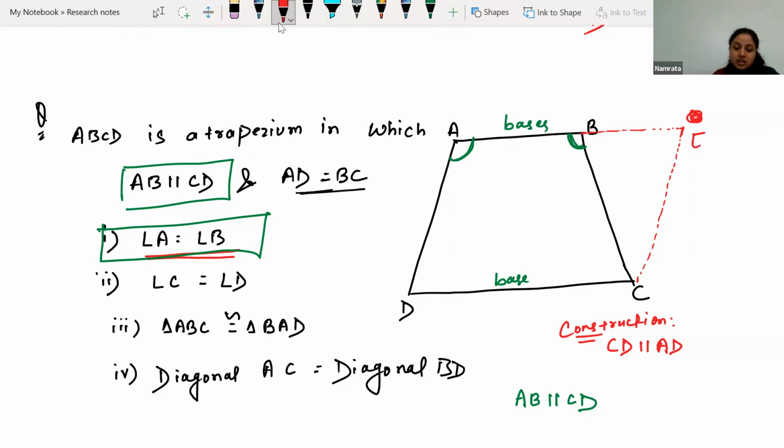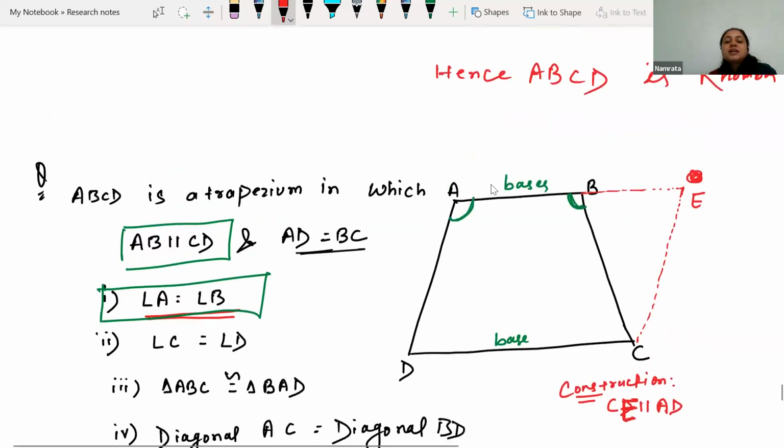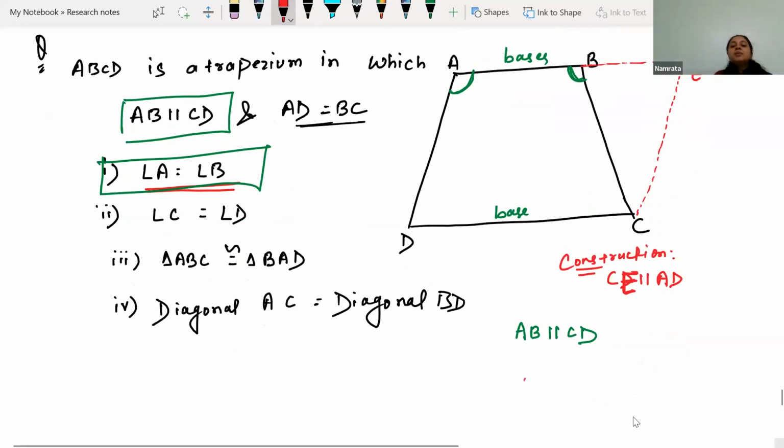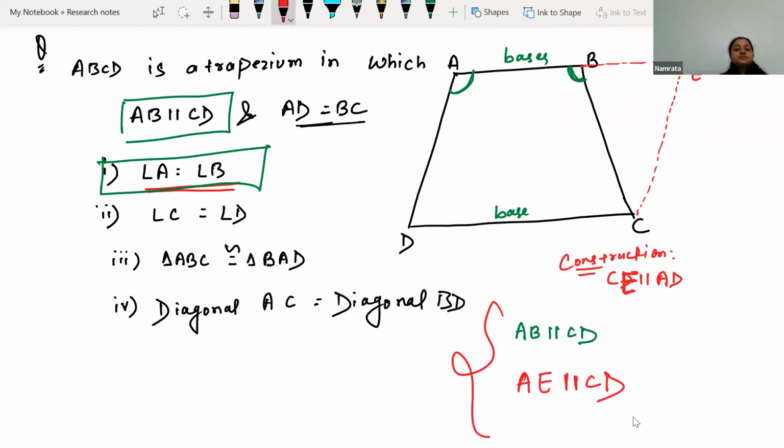Let's say this is E. If we have extended the line AB, it will still be parallel. That means AE will be parallel to CD. Any confusion? If two lines were already parallel, you stretch it, it will still be parallel to the other line.